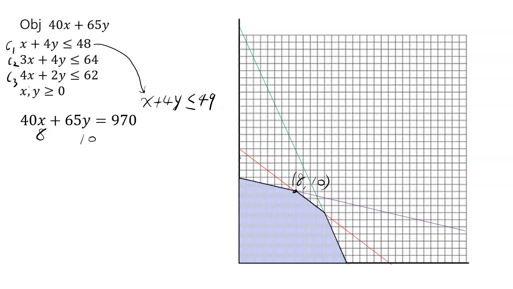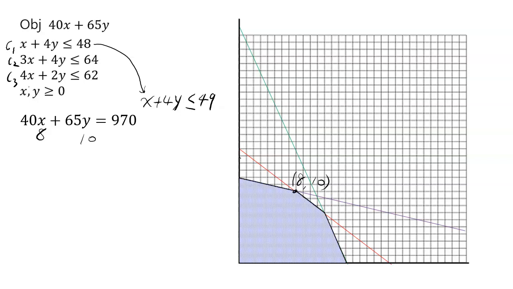Oh, I forgot to explain to you how to figure out which one's binding or not. See, if you take the optimal solution and plug it into the left side, and it's equal to the right side, then it's binding. And if you plug in these 8 and 10, and it's strictly less than the right side, then it's non-binding.